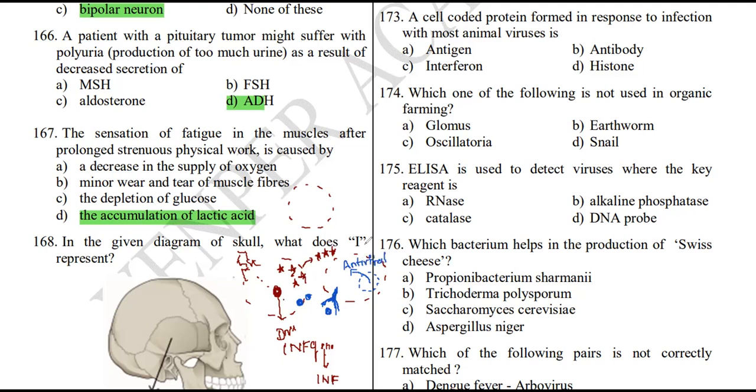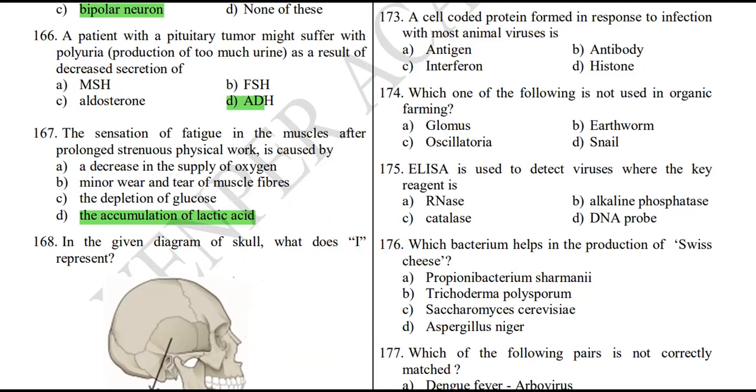This antiviral protein kills all these viruses, so the virus is not able to enter, or even if it does enter, the antiviral protein kills it. So which of the following is produced in response to infection with animal viruses? It is interferons.